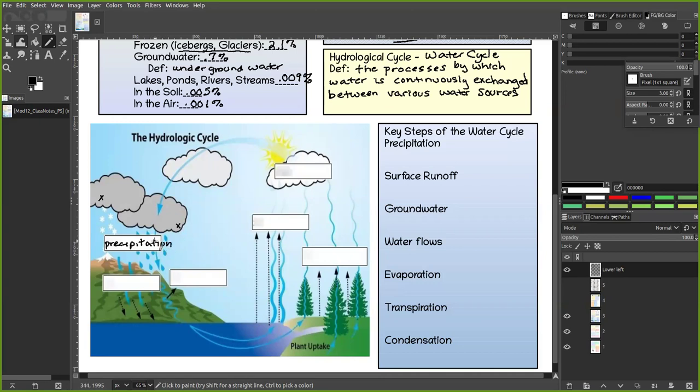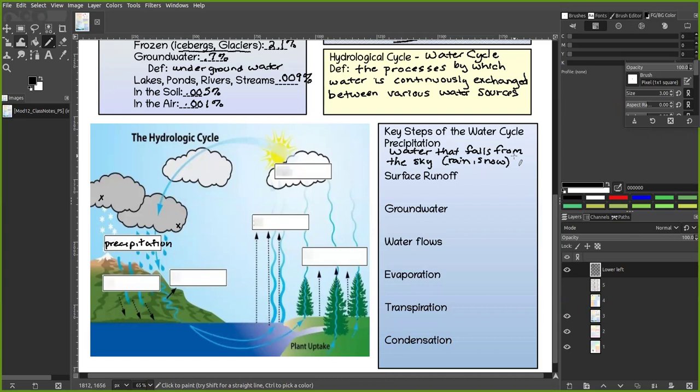Okay, precipitation is water that falls from the sky. And that's like liquid rain or snow, lots of different types of things that fall from the sky. Sleet, hail, anything like that.